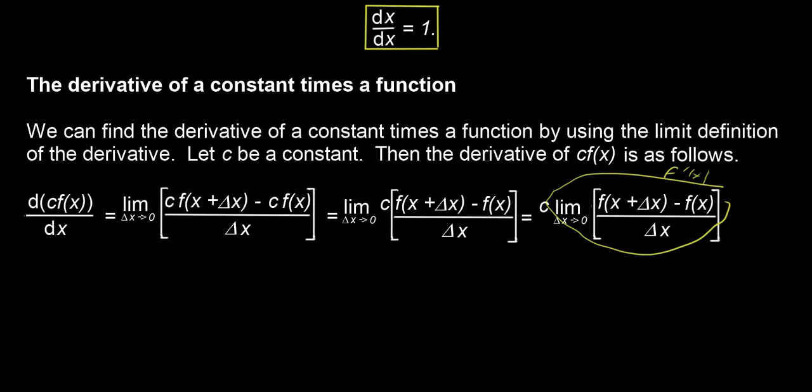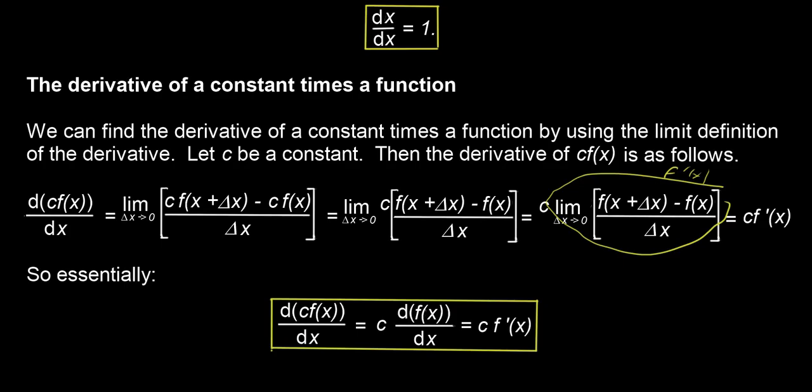Therefore, the derivative of c times f of x with respect to x is really c times f prime of x. So there is our third shortcut. Essentially, the derivative of a constant times a function is equal to that constant times the derivative of the function itself.